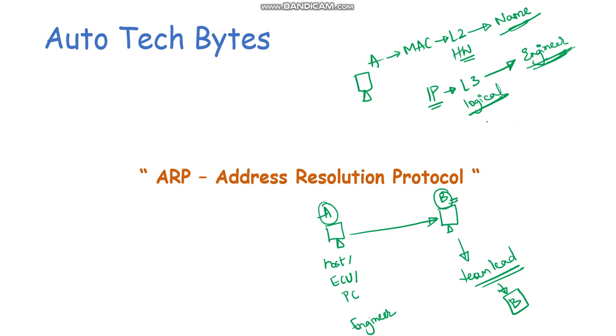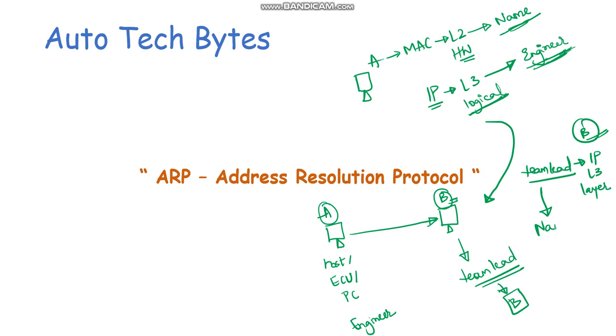So now when you want to send a message to B, B is the team lead, which means the IP address at layer 3 is known for B. But you don't know the name of the team lead.